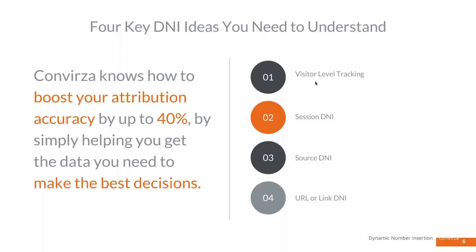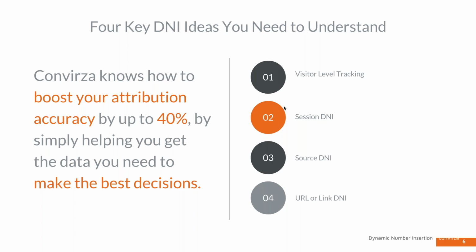Now, visitor level tracking is very similar to session. The main difference is that instead of isolating just paid traffic, at visitor level we create a number pool that is large enough to service all traffic, right?